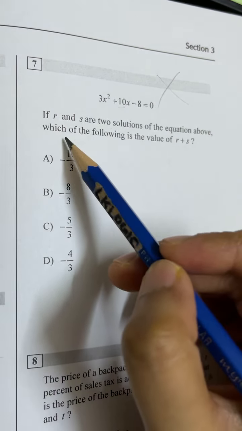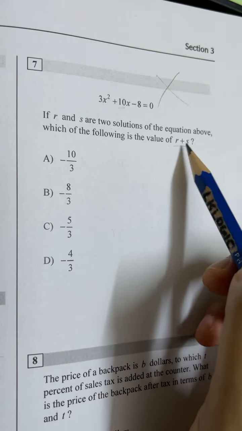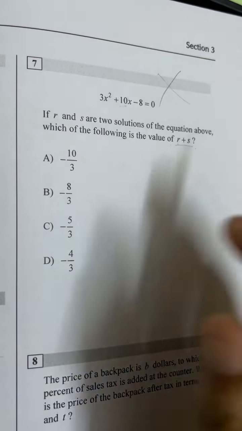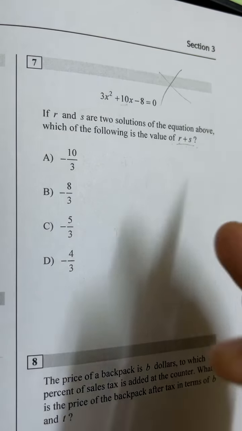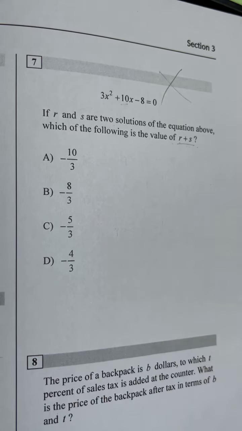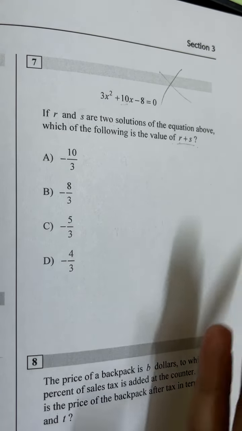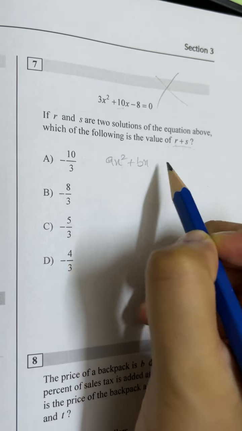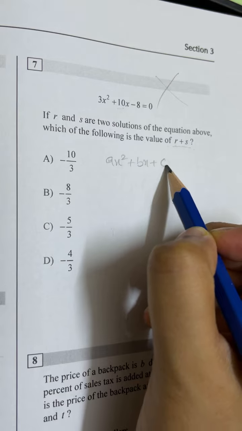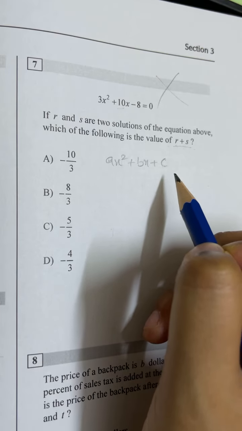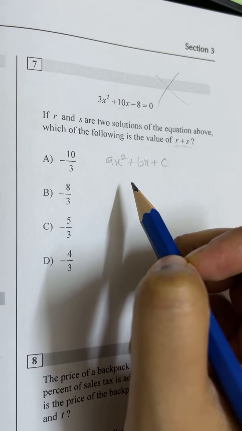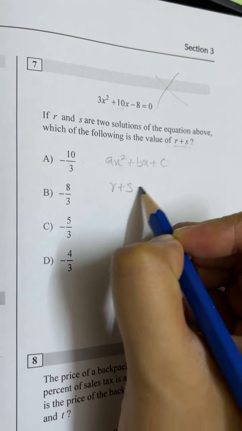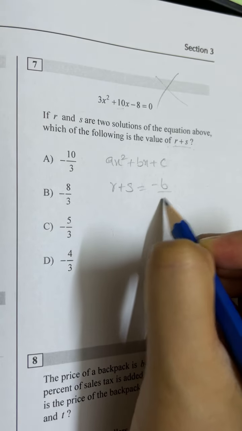You have to understand the question: which of the following is the value of r plus s? r and s are the two solutions, that is, the two roots. So it's basically really simple. You just have to understand that if r and s are two solutions of a quadratic equation, for example ax squared plus bx plus c, then the sum of the roots, or the sum of the solutions, is equal to negative b over a.